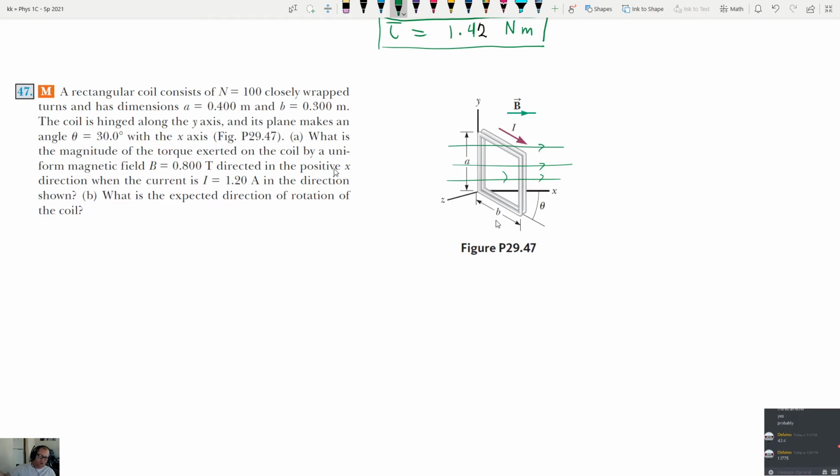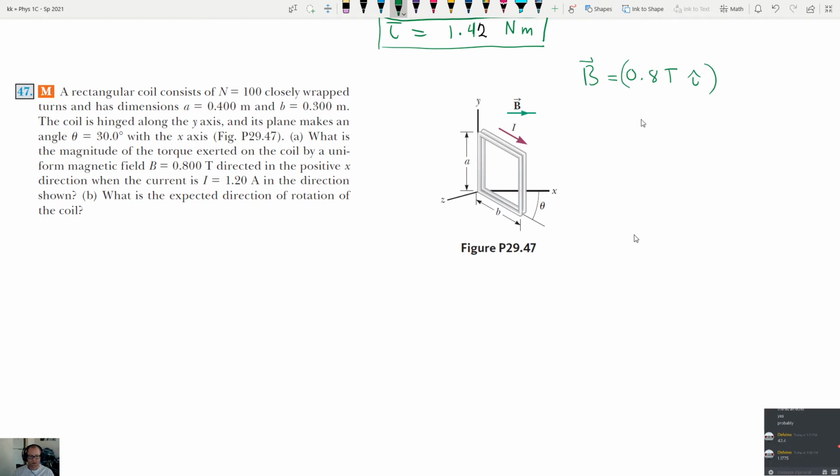Just imagine a uniform vector field that's pointing to the right everywhere you are in the entire coordinate system here. So the way you could write that in terms of a vector would just be B is equal to 0.8 Tesla times i hat. Everywhere. No matter where you are, that magnetic field is there.